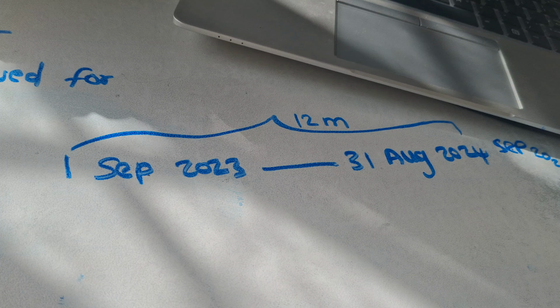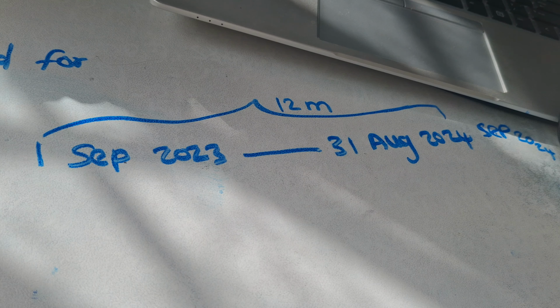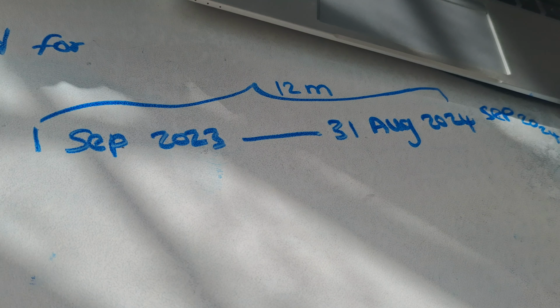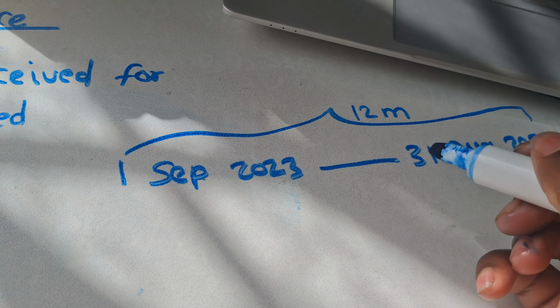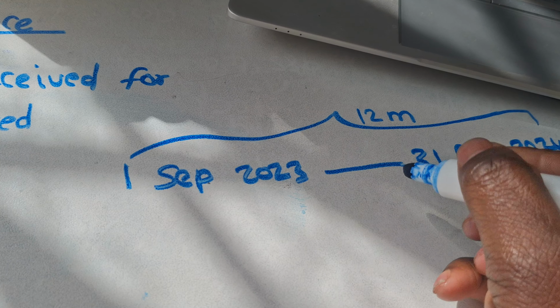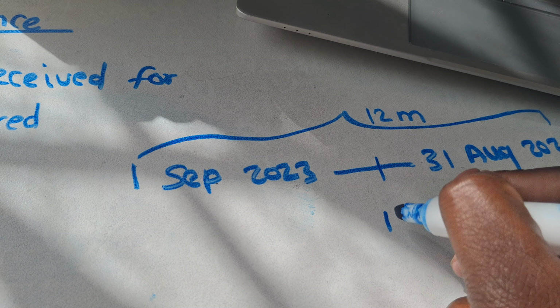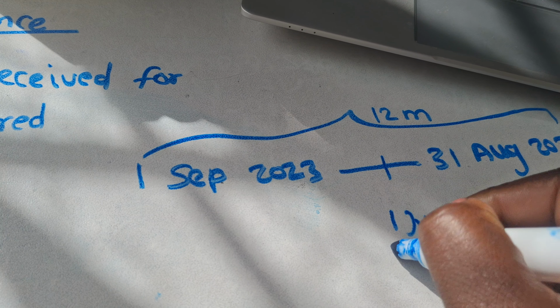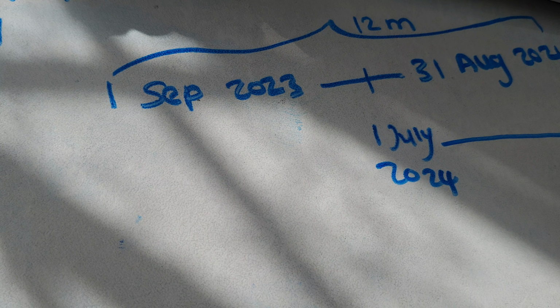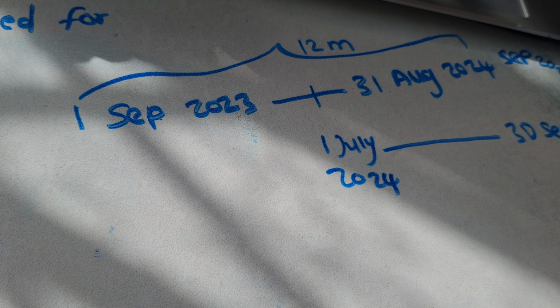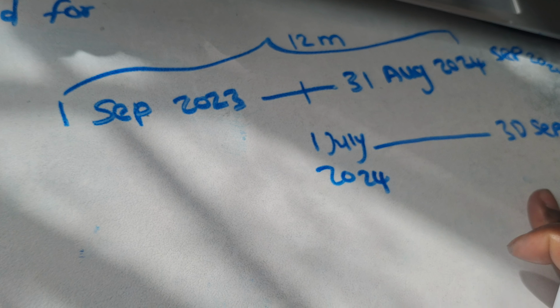And then we are told that rent was increased by 250 from 1st July, so let's say 1st July 2024, right? So from July up until 30 September 2024, how many months do we have?